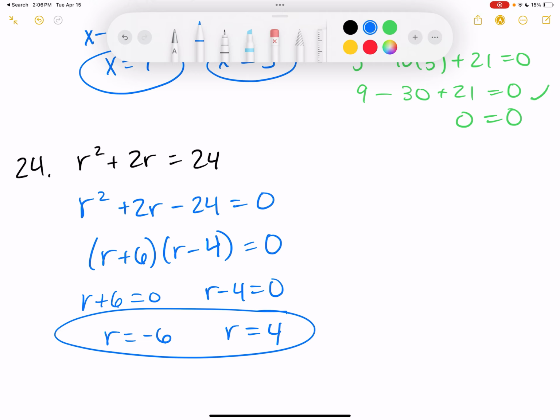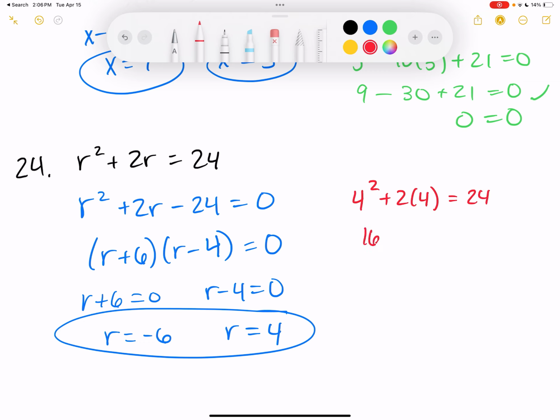Now with this one, I can either check it in the one that I've manipulated, but if I know that sometimes I struggle with moving stuff around, I can actually check this in the original, and I just want the left side to be equal to 24. I'm only going to check one of them, and I'm going to use 4 because it's easier. 4 squared plus 2 times 4 equals 24.